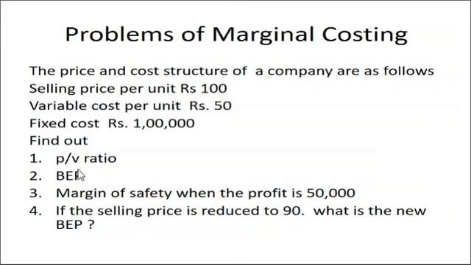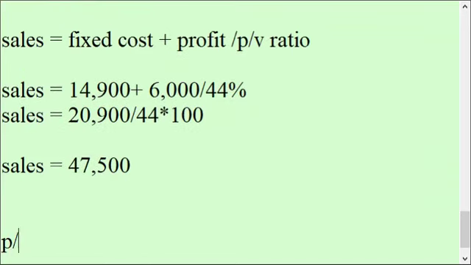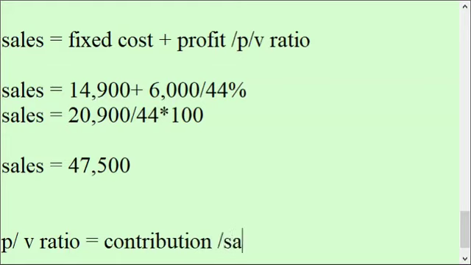Okay, so first we need to find out the PV ratio. As usual, PV ratio is equal to contribution divided by sales into 100.